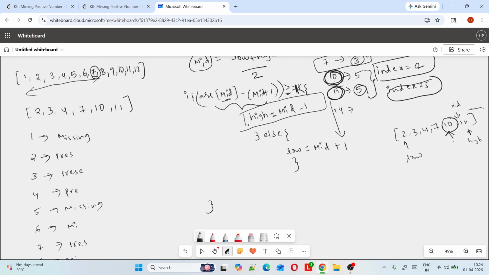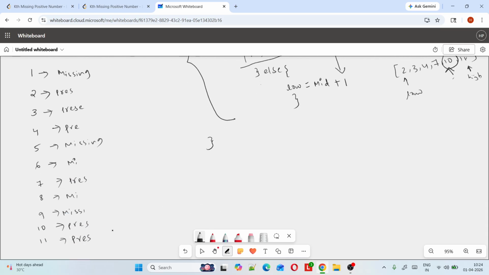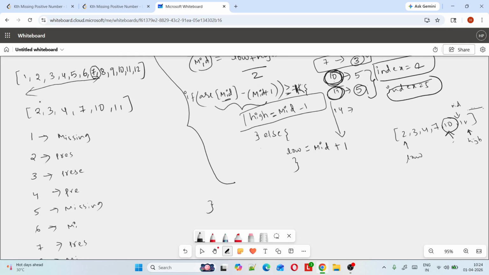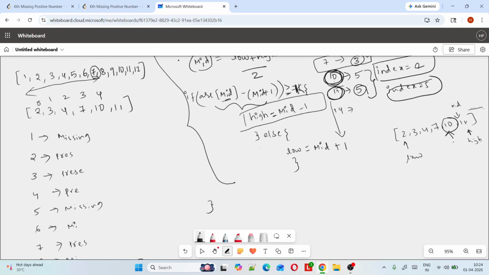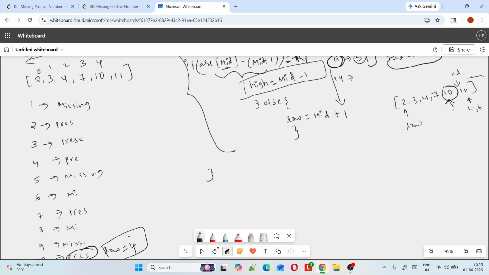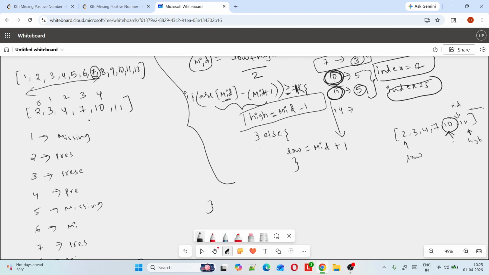So when you iterate this, you will end up with your low pointer here. Low pointer, that is index, if you see here 0, 1, 2, 3, 4, that is 4. Index is equal to 4. If you do this entire iteration, you will end up with our low pointer here.